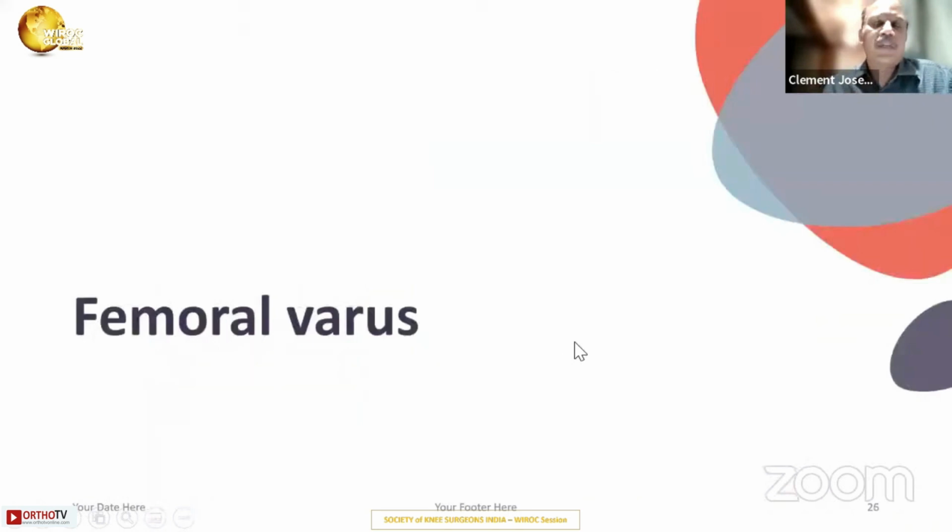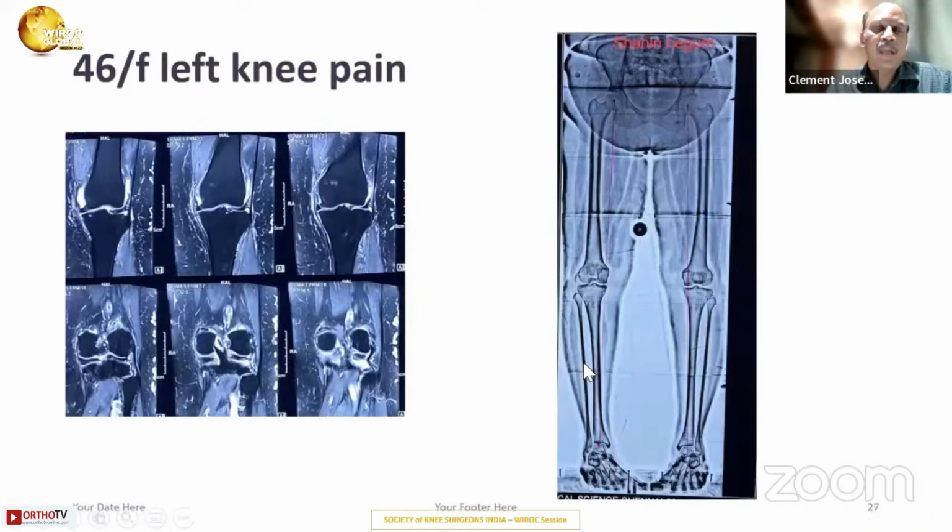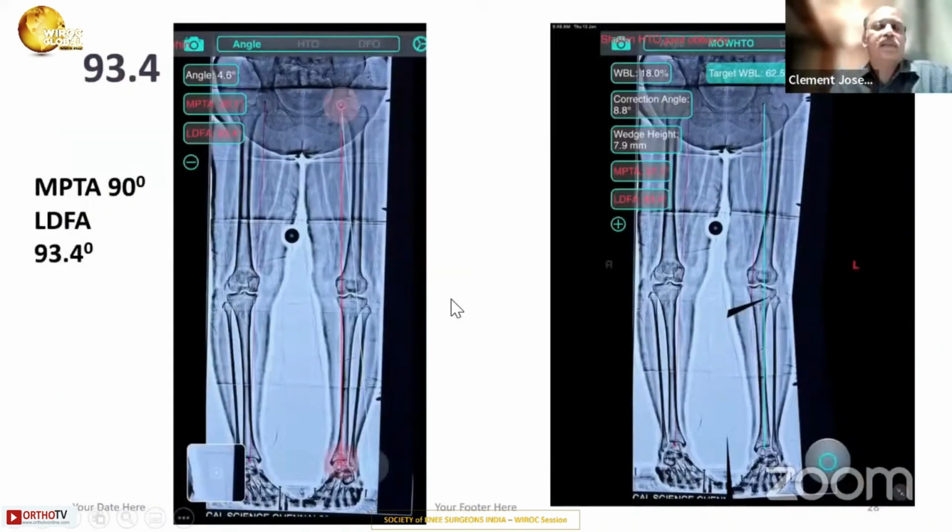And coming to the femoral varus, it's important to know that 10 to 15% of all varus deformity can arise in the femur. This is an example of a patient, the mother of an orthopedic surgeon, in whom on the outside we thought we could get away with a high tibial osteotomy because she had a root tear and severe medial joint pain. But careful assessment of the angles revealed that she had an MPT of around 90 degrees and an LDFA of around 93.4.